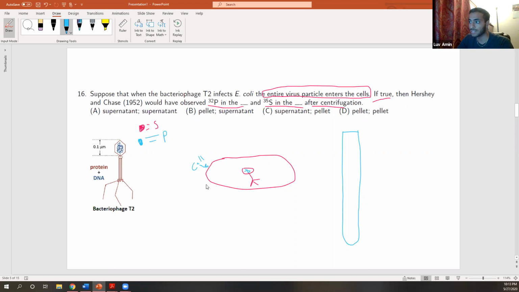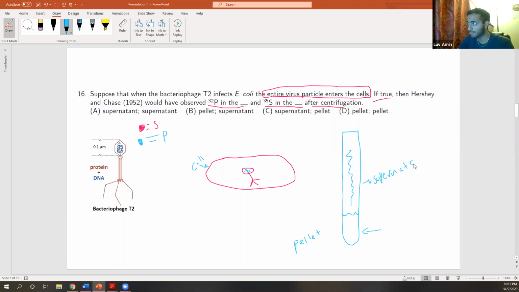So this cell is very heavy because it has a lot of stuff in it, organelles and so on. If something went in the cell, it's going to show up at the bottom as a pellet, right? And if something did not go in the cell, then it's going to show up in the liquid we have here. This liquid is referred to as supernatant, all right?